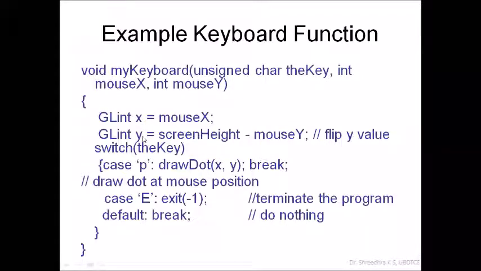Y is modified with screen height minus mouse Y, because you now understand the reason behind it. Your window screen should be converted into your coordinate screen, where 0, 0 is on the bottom side.